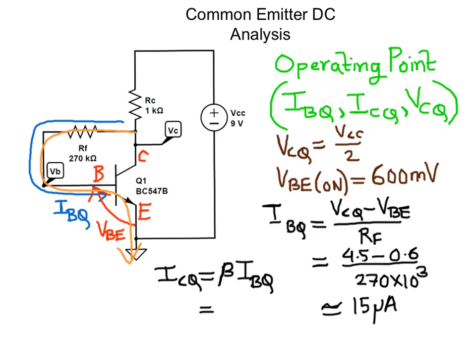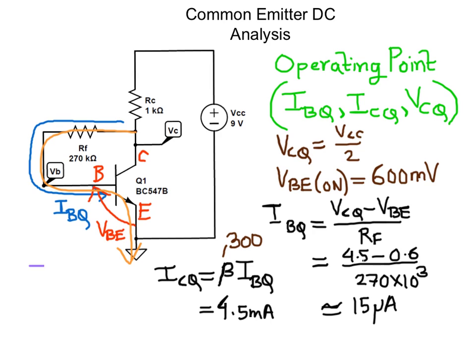This gives us a value of 4.5 milliamps. To calculate the value of the quiescent collector current, we assume that beta is 300.